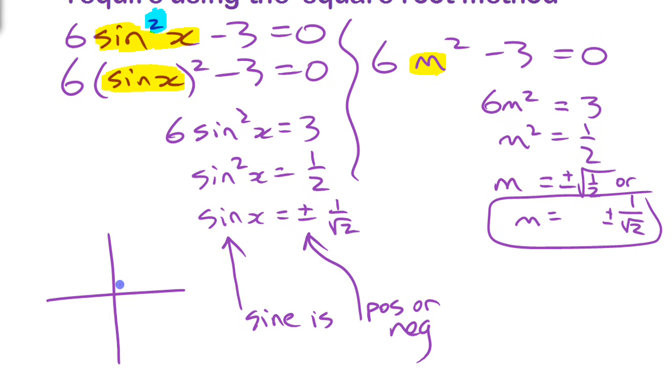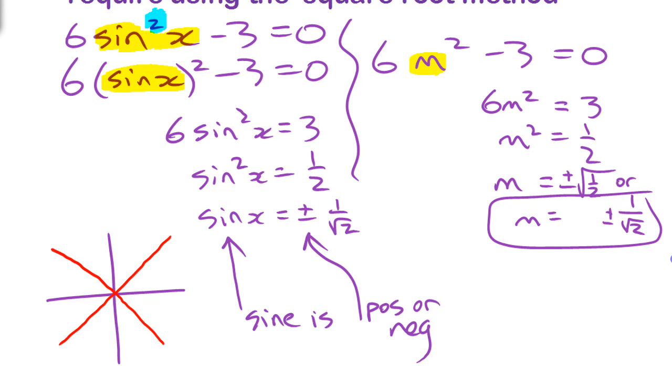Sine is positive in quadrants 1 and 2, so you'd be looking for 2 angles there. Sine is negative in 3 and 4, so you'd be looking for 2 angles there. You're actually going to have 4 solutions to this within one full turn, not just 2, because you're not just looking where it's positive or where it's negative. You're looking everywhere.